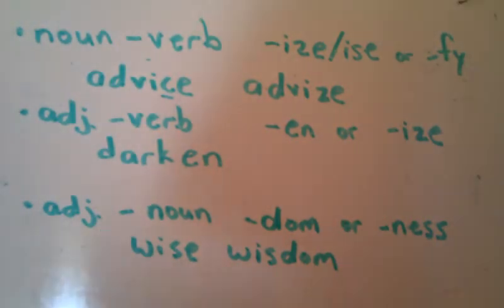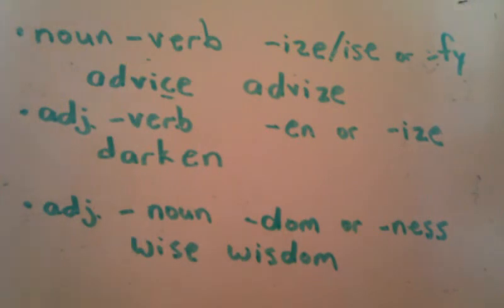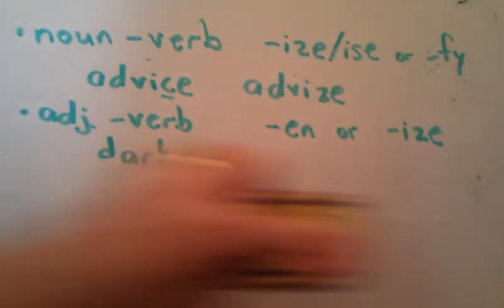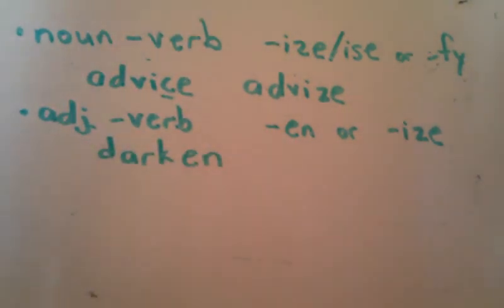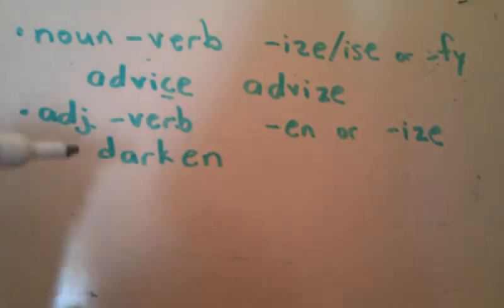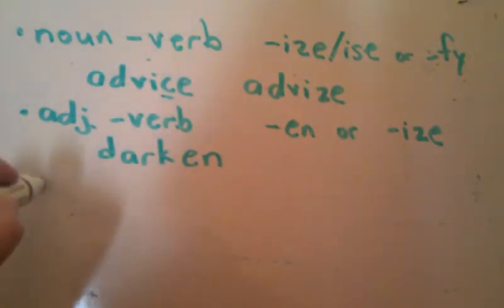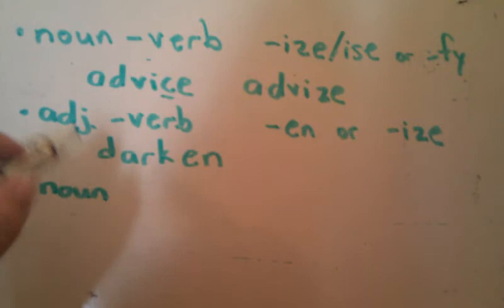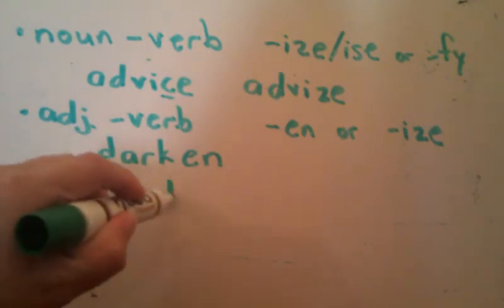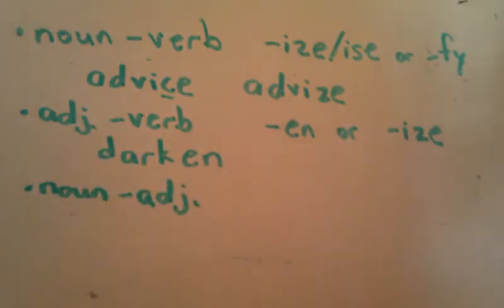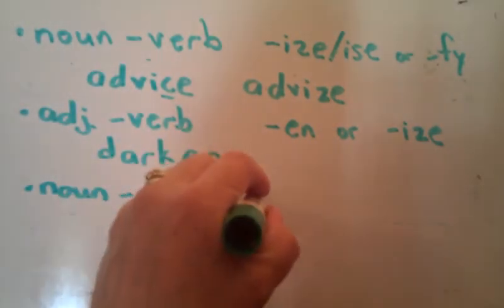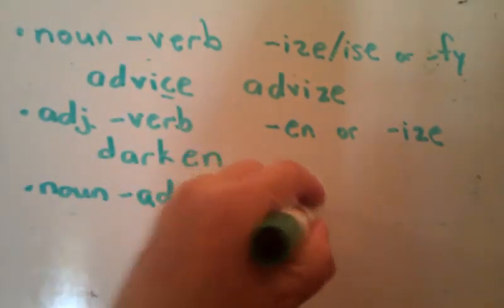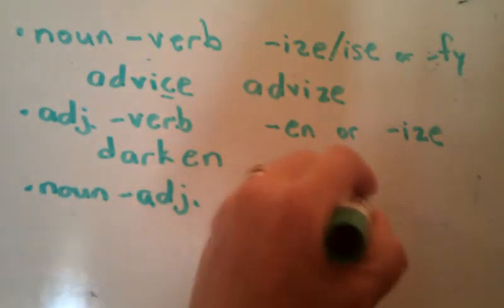Let's see, what didn't we talk about yet? Oh yeah, suffixes can change nouns to adjectives. We talked about adjectives to nouns. Now we're going to talk about nouns to adjectives. Okay, if I want to change a noun to an adjective, then I would use ish or ly.